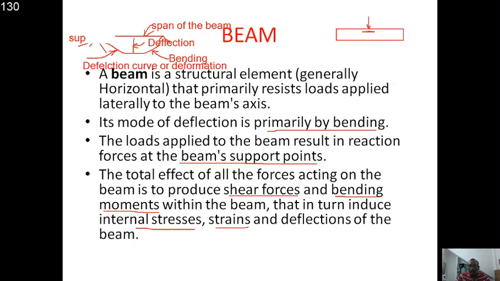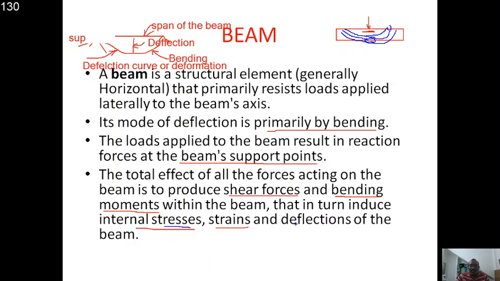Due to this load, stress will be developed here. This stress also transfers to the downward layers, reaching up to this layer and similarly up to this, in this curved path, because it is bending and takes the curved deflection. So stress is transferred to all the layers.